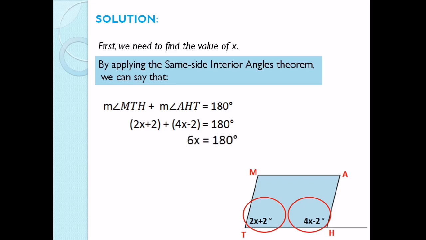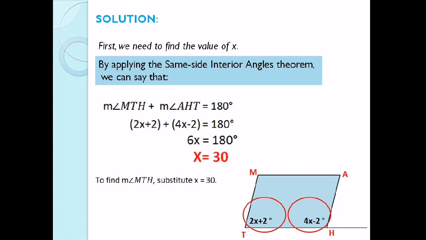Then, combine like terms. 2x plus 4x is 6x. Positive 2 minus 2 is 0 equals to 180 degrees. So, 6x equals to 180 degrees. Then, we need to apply the multiplication property of equality. So, 180 divided by 6, the answer is 30 degrees, or x equals to 30.